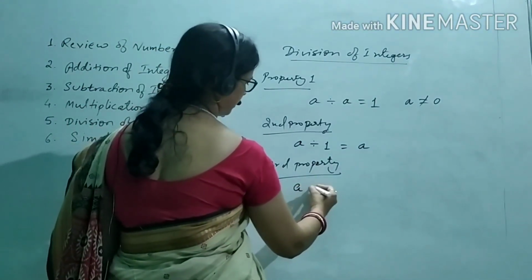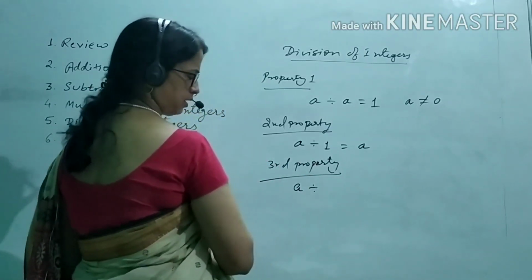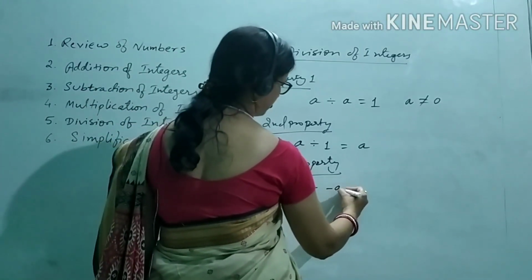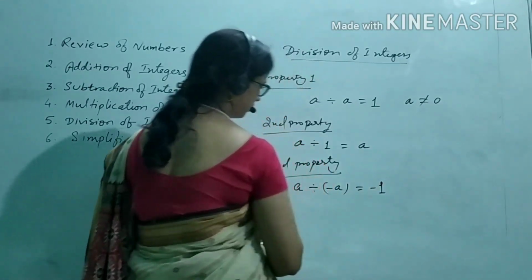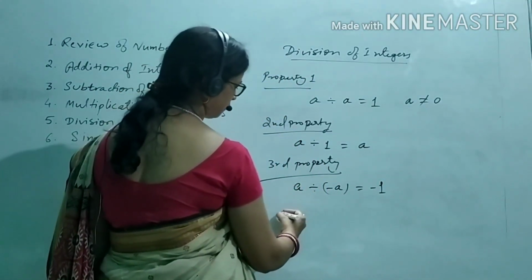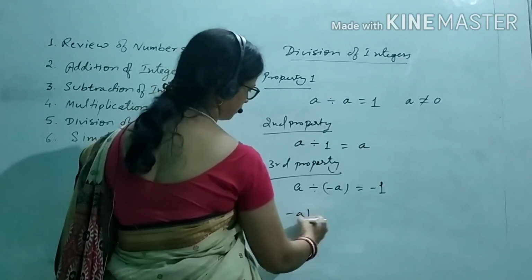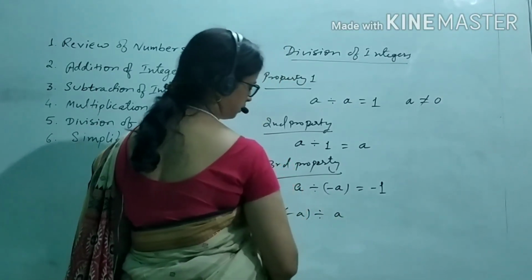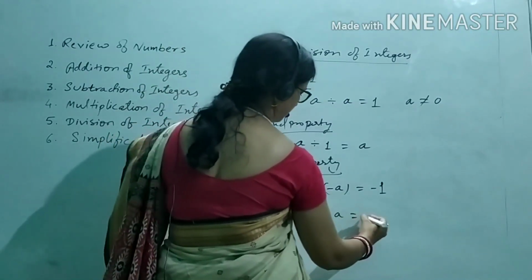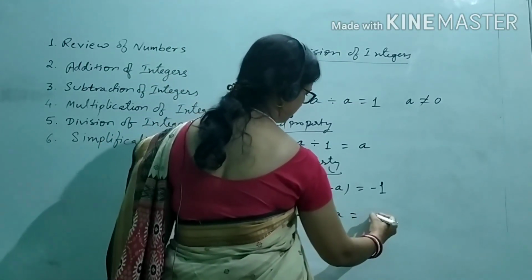Suppose a is an integer, when we divide it by negative of it, then we obtain -1. Or if there is a negative integer, -a, and we divide it by the positive integer a, then the result remains -1.